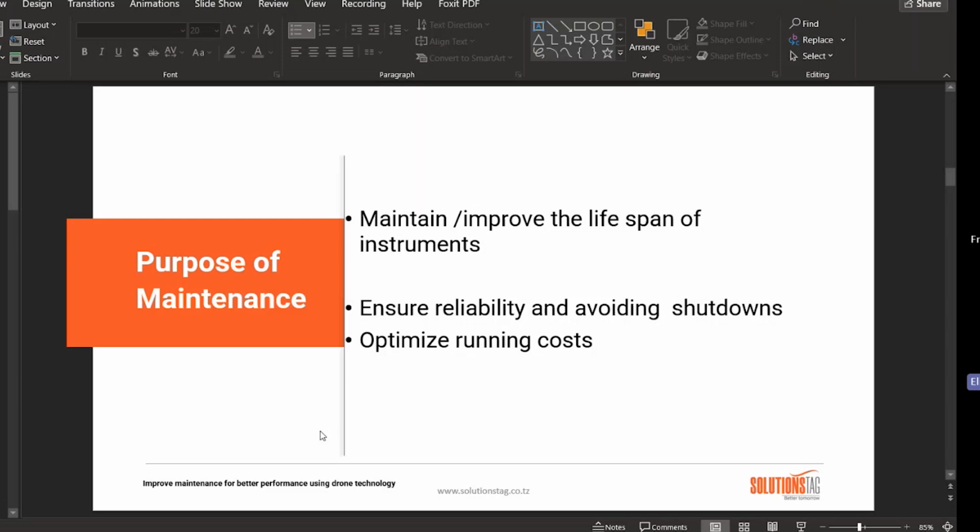The purpose of maintenance, first of all, is to maintain or improve the lifespan of the instruments, that is, to make them last longer without any major failures, but also to have a reliable system so as to avoid shutdowns and the losses that may occur due to shutdowns. Optimizing the running costs is also one of the key advantages of performing maintenance in our facilities. Those are the major purposes, among others, for performing maintenance.